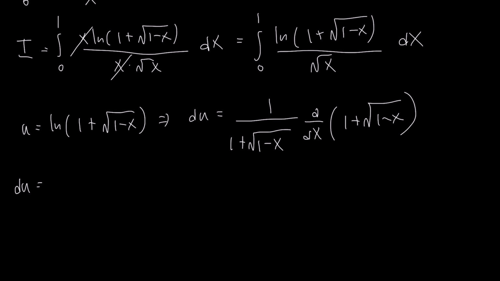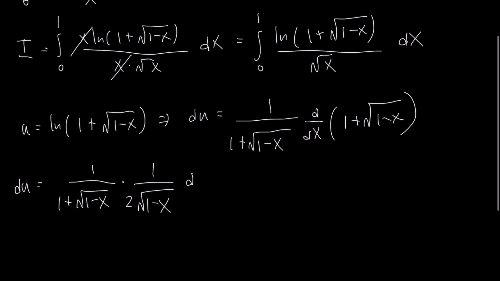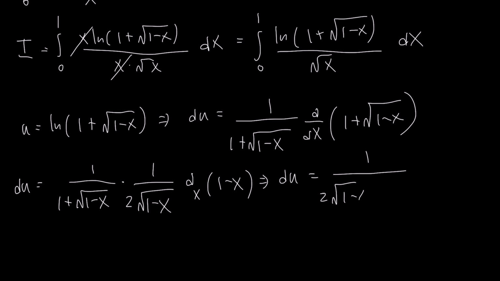So that means that du is 1 over 1 plus the square root of 1 minus x times 1 over 2 square root of 1 minus x, but by the chain rule we'll have the derivative with respect to x of 1 minus x. So that means that du equals 1 over 2 square root of 1 minus x times 1 plus the square root of 1 minus x, and then times a negative 1.